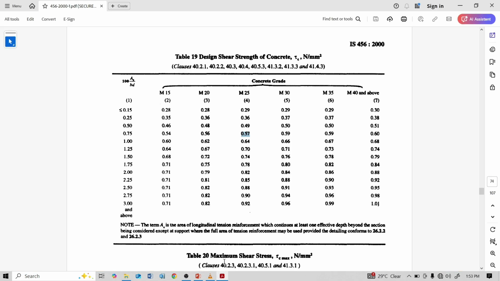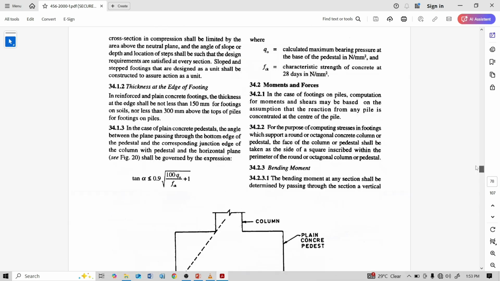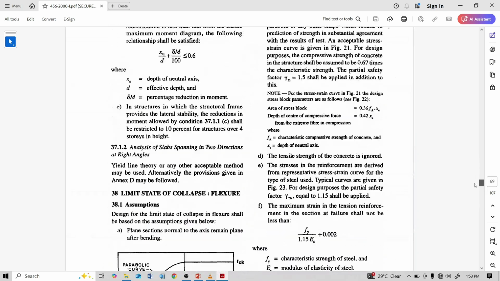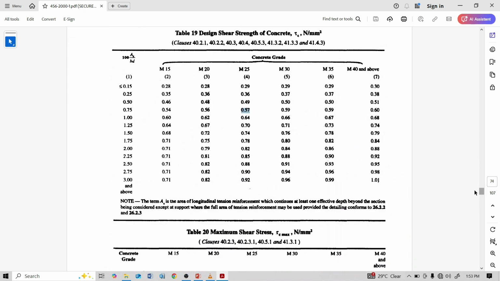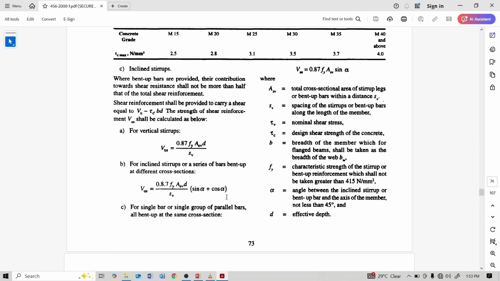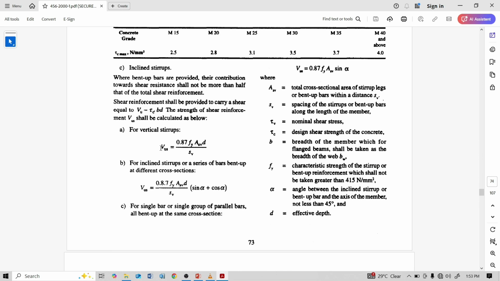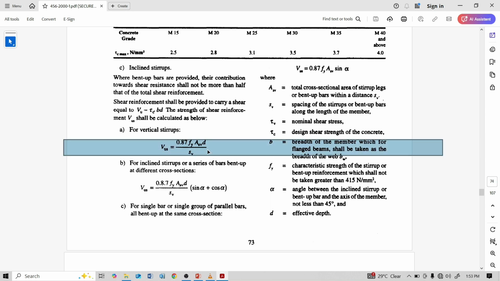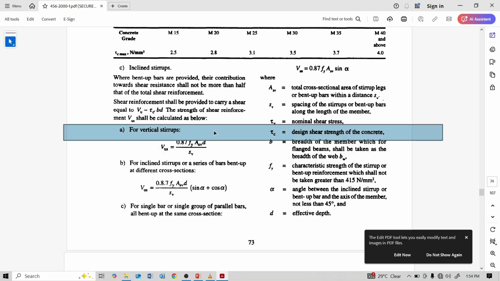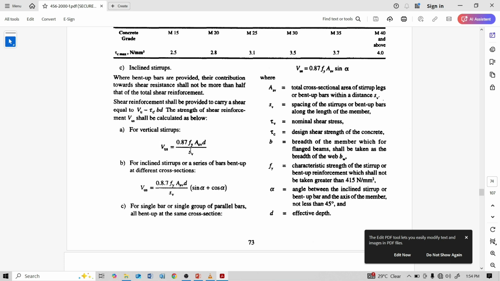I show you IS code, page number 73. For vertical stirrups, this formula. From this formula, we calculate SV. SV is the spacing of stirrups or bent up bars along the length of the member.